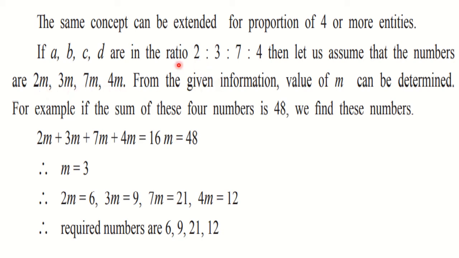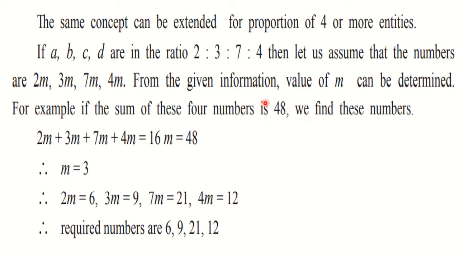Whenever you are provided with a ratio, you have to always think of the common multiple, and from that you can write down the numbers. Like here the common multiple is m, so the numbers are written here. Now from this information we can find out the value of m. For example, the sum of these numbers is 48.